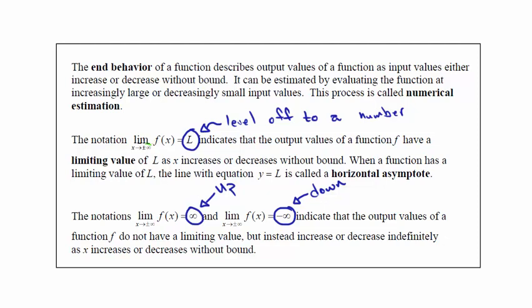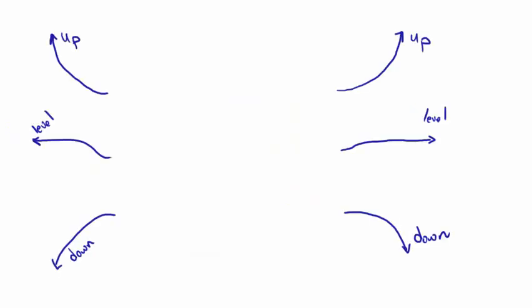This piece right here tells me whether I'm going to the left or the right. So I could either go to the left, to the right, I could either shoot up, shoot down, or level off. So there should be 6 cases which I drew over here.